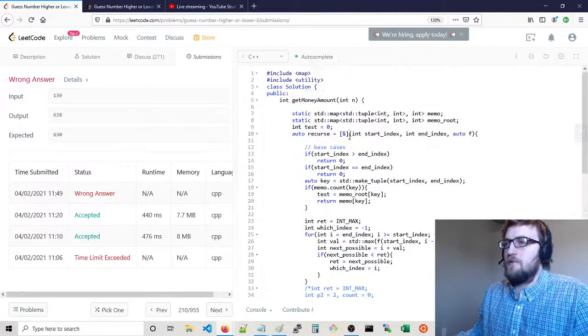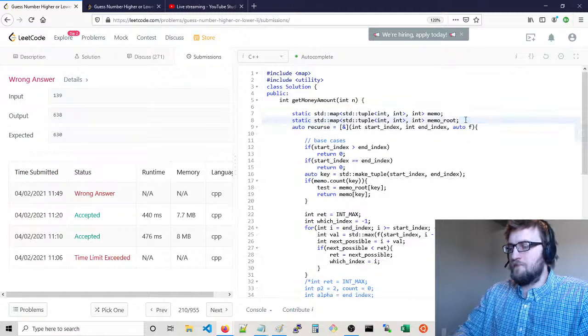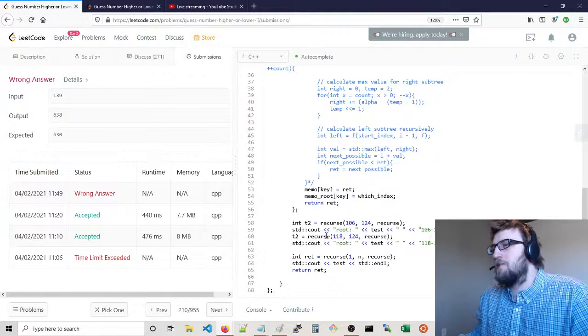I don't even need that anymore either. A lot of debug stuff here. We'll just clear that out later.